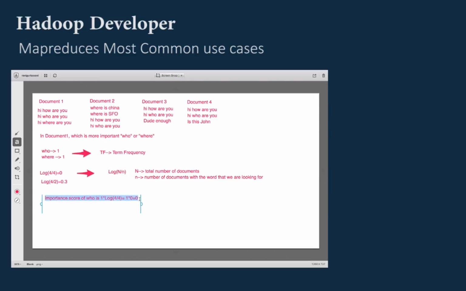And the importance score of where, because where is present only in 2 documents, document 1 and document 2, is higher. So where is more important than who.